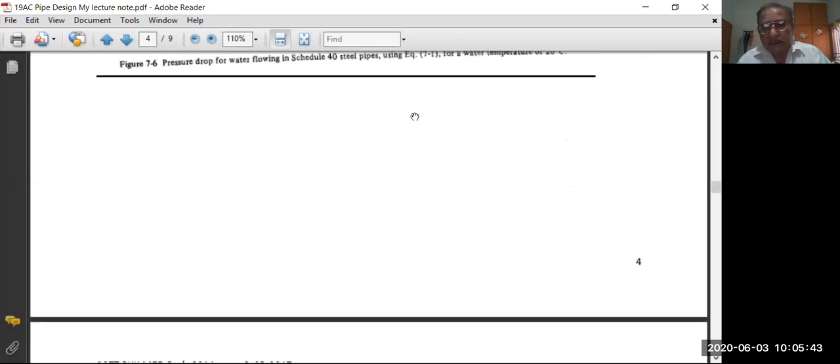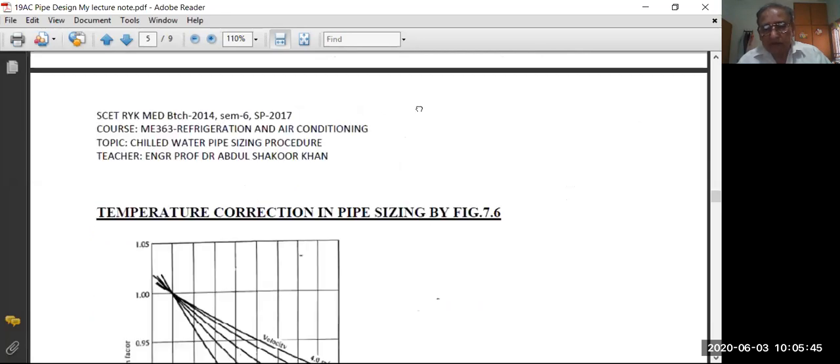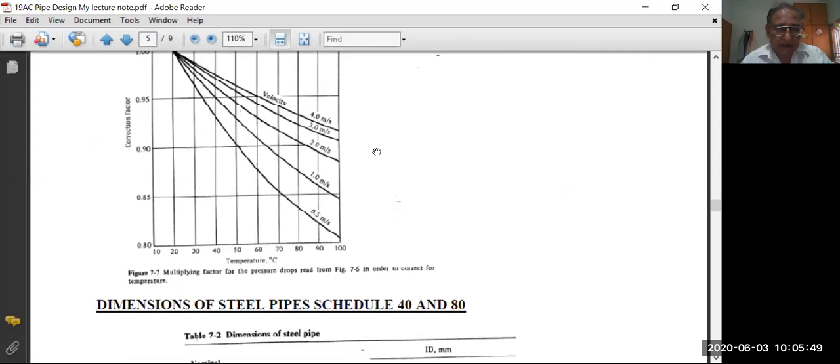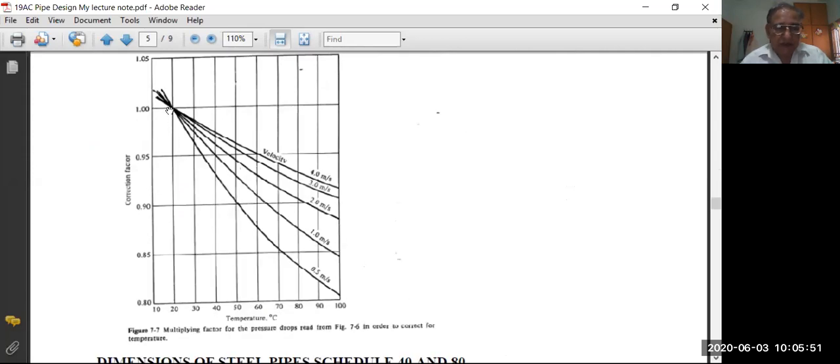What if the water temperature is more than 20 degrees? In that case we go to this table, which gives the correction factor. At 20 degrees you will find no correction. If higher than 20 degrees, the result is multiplied by a factor less than 1. It depends on velocity.